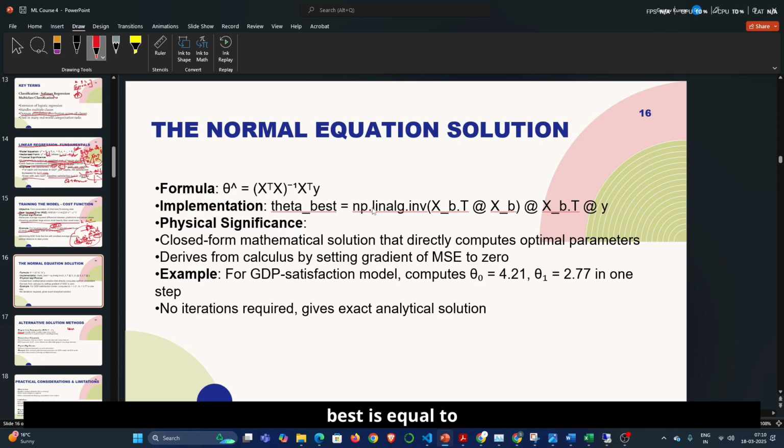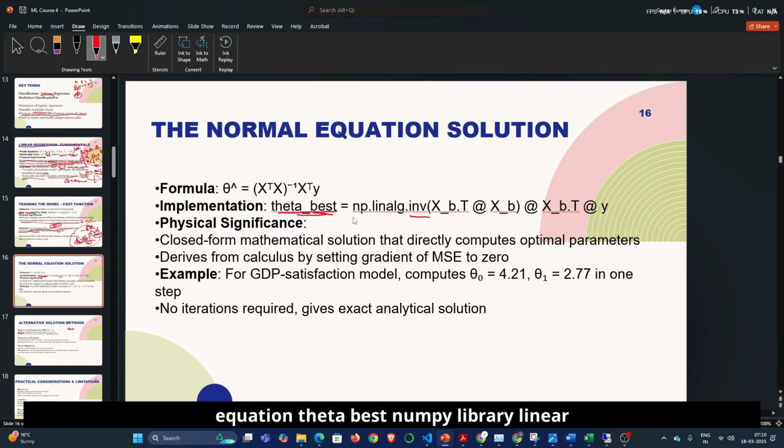Theta best is equal to (XᵀX)⁻¹Xᵀy. Its physical significance is that it is a closed form mathematical solution that directly computes optimal parameters and derives from calculus by setting the gradient of MSE to 0. For GDP it computes theta 0 and theta 1 in one step, giving an exact analytic solution. That's how we can solve the closed form equation.